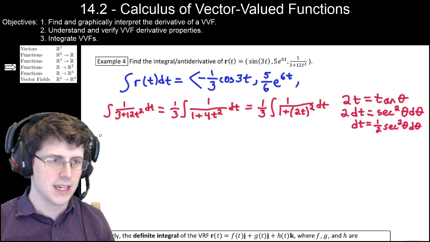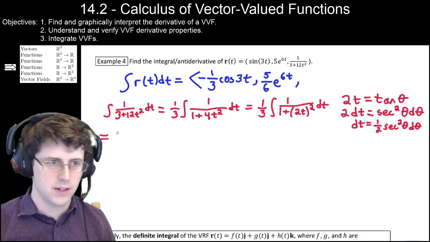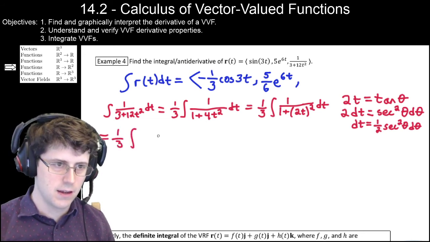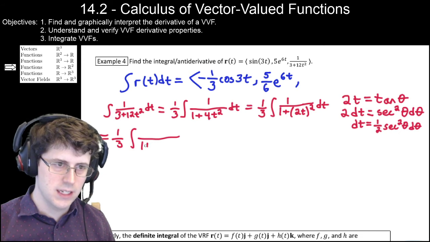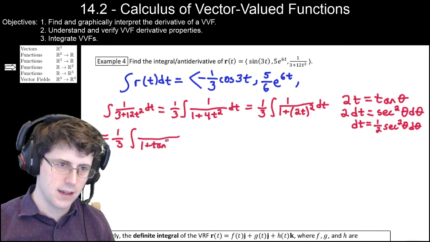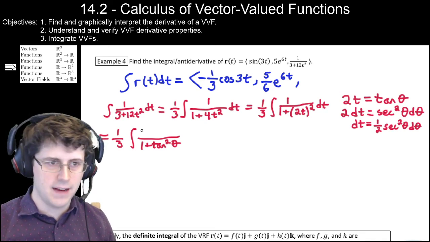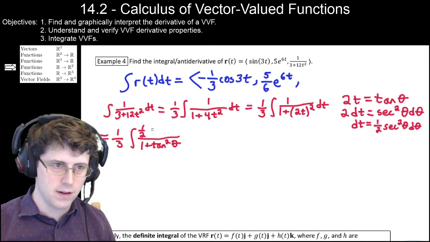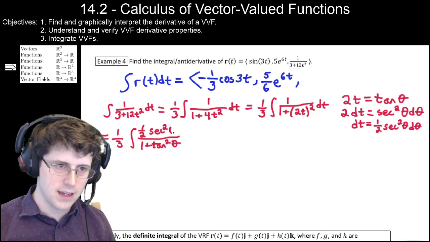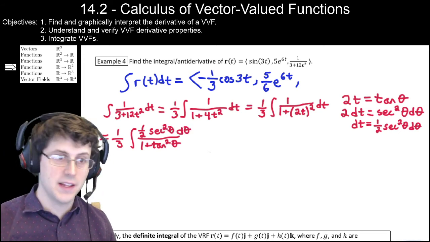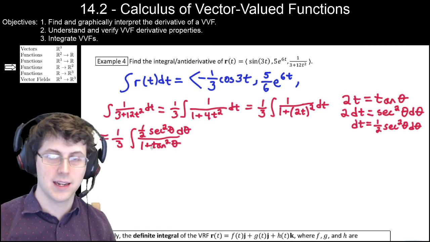Get all this substituted in. So I still have 1/3. 2t is tangent theta. dt is half secant squared theta d theta. And then the point of all this was that 1 plus tangent squared theta is a nice trig identity.